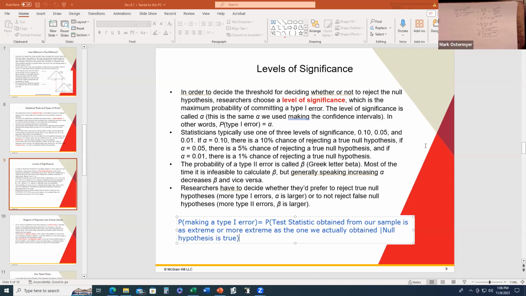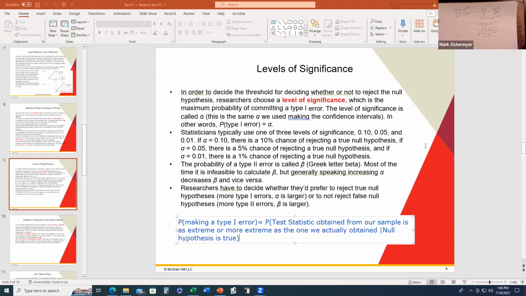But you'll see that when alpha is set to a very low level, our rejection regions decrease in size and our acceptance region of the null hypothesis increases in size. And so we would be ultimately accepting a null hypothesis that in fact is probably false.